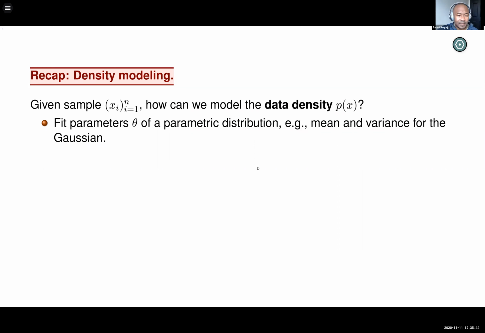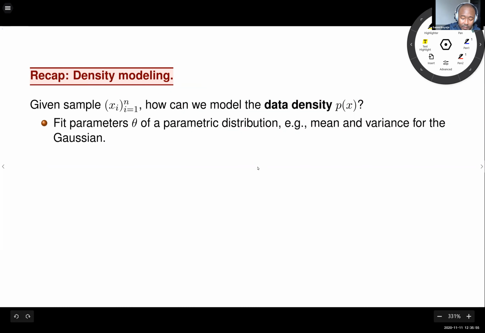We thought about this in the graphical model sense, where we drew variables and arrows. The simplest one was when we're thinking about hidden, like clustering models and the like, where we had a latent variable and observed data sets.